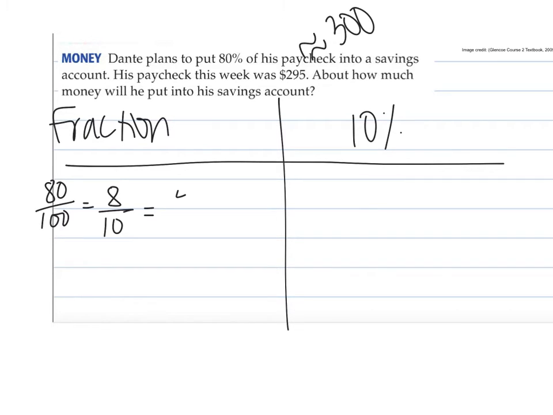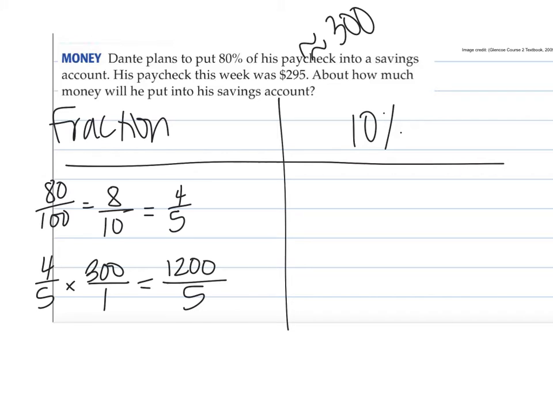If I divide both by 2, I would get 4/5. So then I would take 4/5, and I would multiply that by 300 over 1. 4 times 300 would be 1,200. 5 times 1 is 5. If we do our division here to figure out how many times 5 goes into 1,200, we find our answer is 240. So he would put approximately $240 into his savings account.